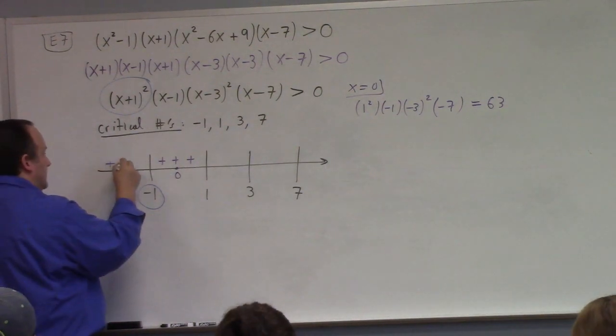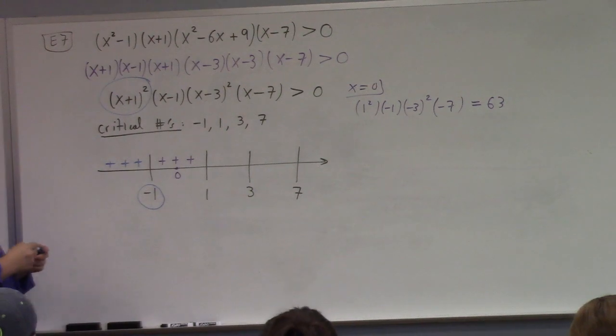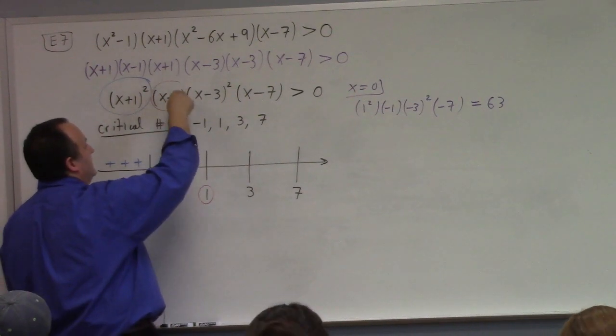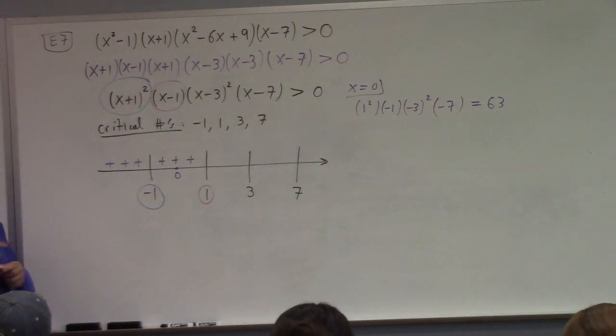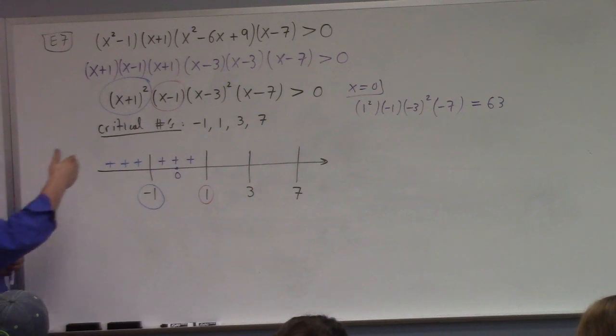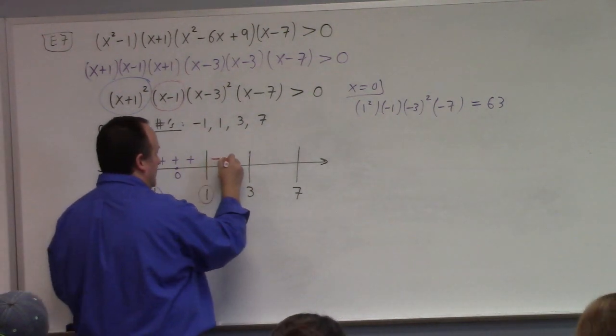So I still have pluses over here. In contrast, the 1 appears just once. That's odd. If it was a cube or a 5 or a 7, whatever, if it's odd, it flips. So I go from plus to minus.